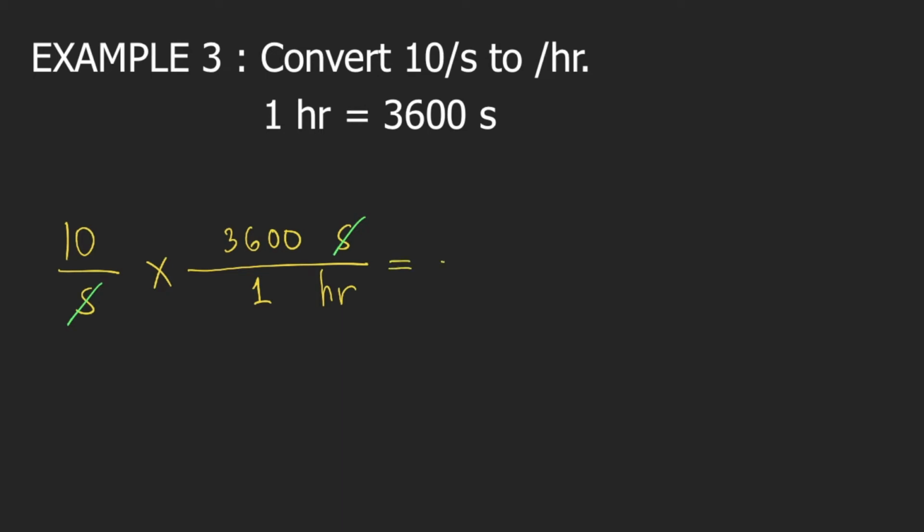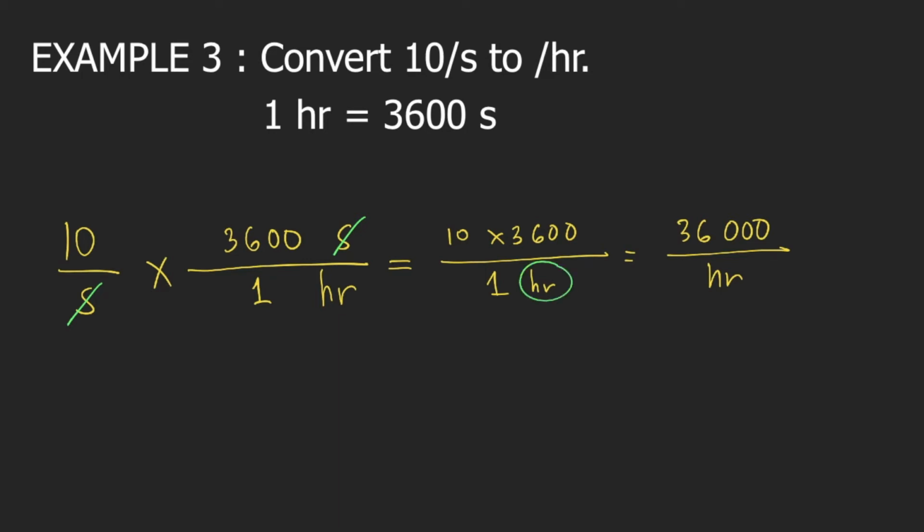So on top, we have 10 times 3,600, and on the bottom, we have 1 hour. If you solve this in your calculator, 10 times 3,600, this is equal to 36,000 per hour. So the answer to this question is 36,000 per hour.